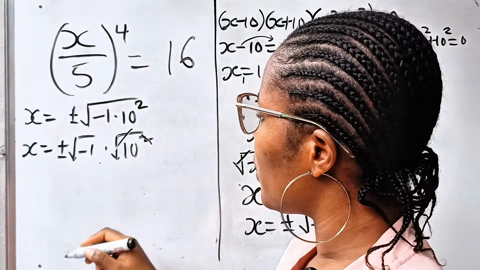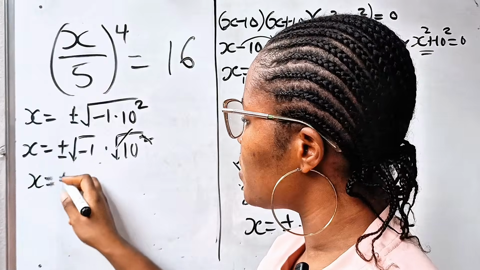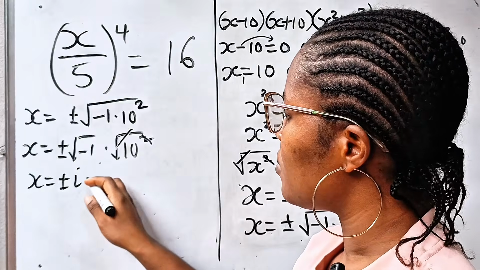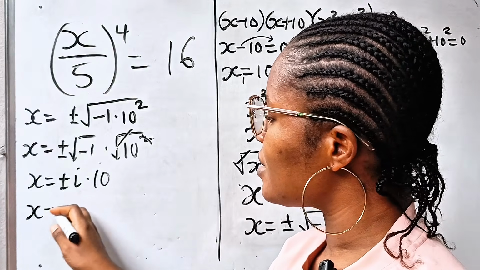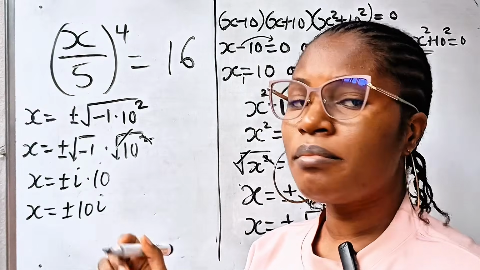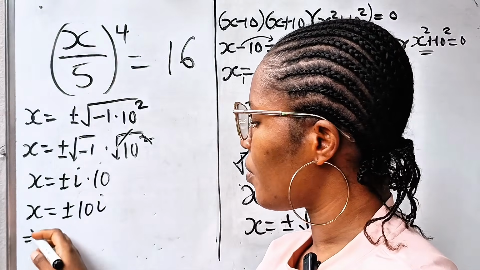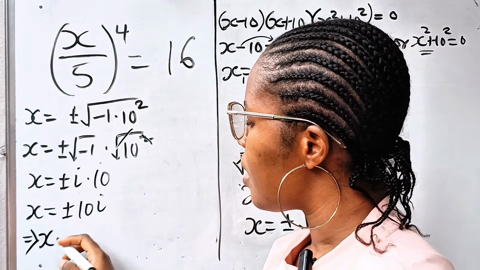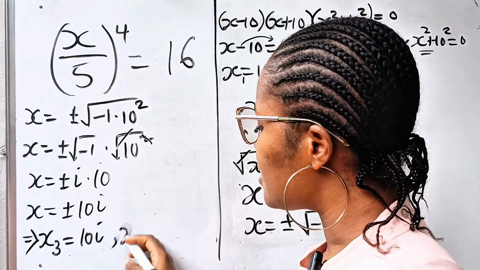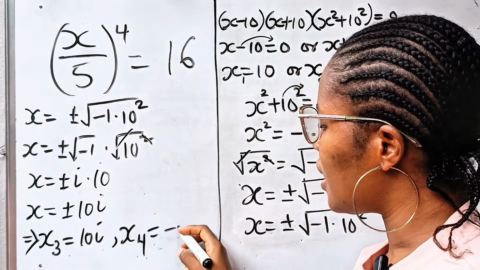So this one and this one we go, and we have x is plus or minus i. This is i, right? And we have multiplied by 10, which we can write as plus or minus 10i, meaning that our x3 is 10i and our x4 is negative 10i.